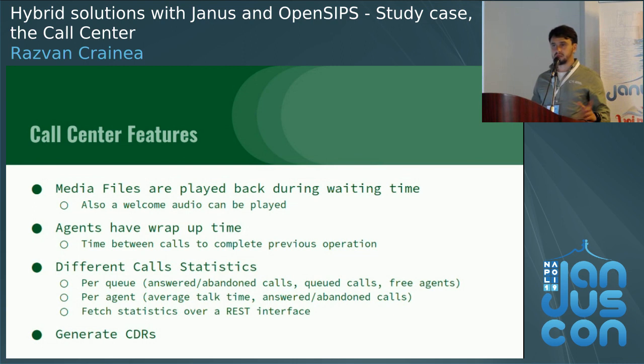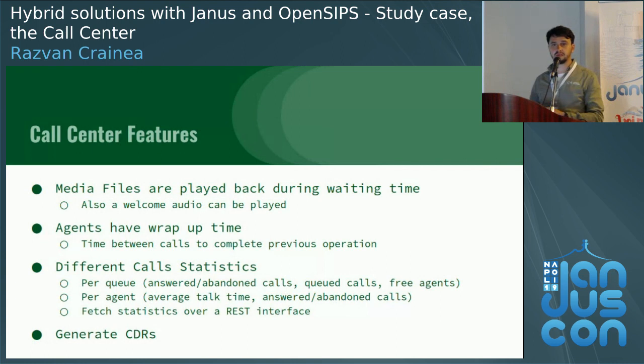There are various call statistics, I think about 30. There are statistics per queue and statistics per agent, such as how many calls he answered and how many calls he abandoned. Based on that, you can determine the efficiency of your agents. It's also very easy to fetch the statistics using a REST interface.